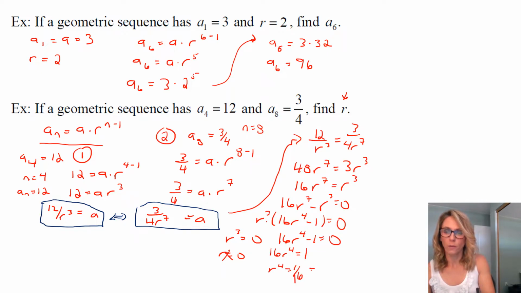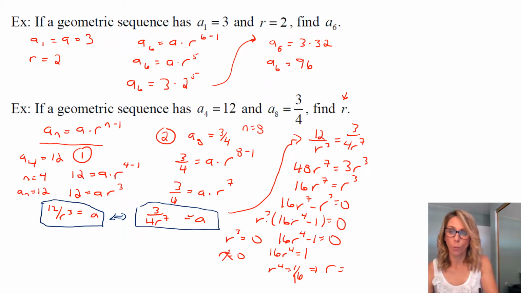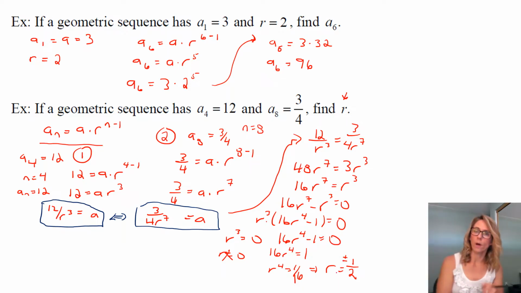Now, if we take the 4th root of each side, the 4th root of 1 is 1. The 4th root of 16 is 2. However, we could have a positive or a negative.